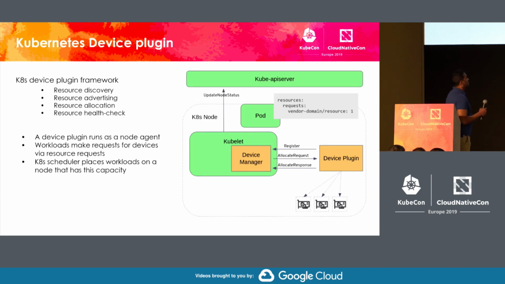This is just a brief overview of how our device plugin works in Kubernetes. The device plugin is a standalone binary. It implements the device plugin API, and its responsibility is to discover the devices. Then kubelet can make a request for a device allocation for a workload, and the device plugin sends the required runtime configuration for those devices.